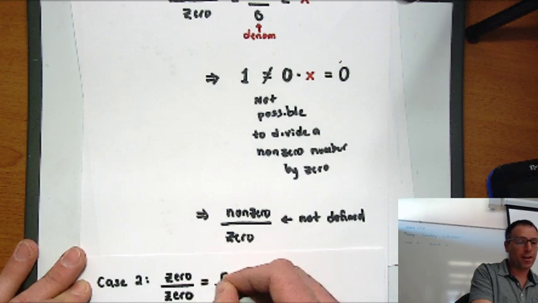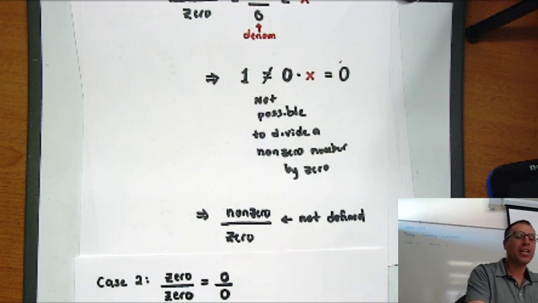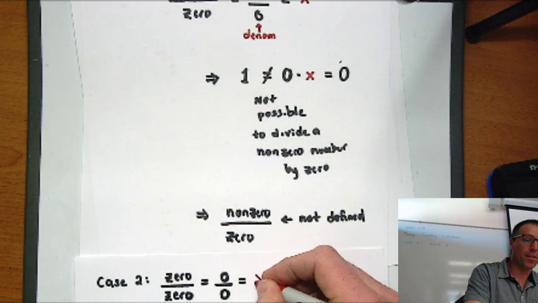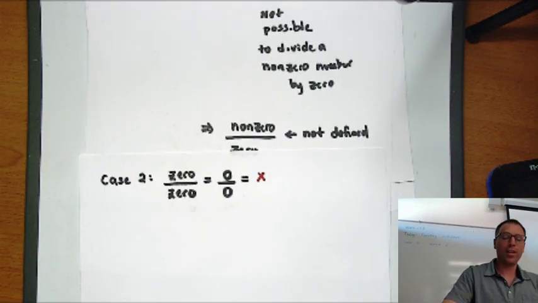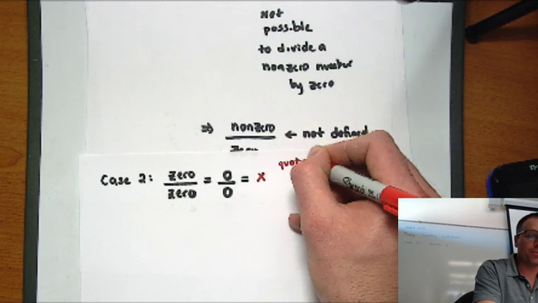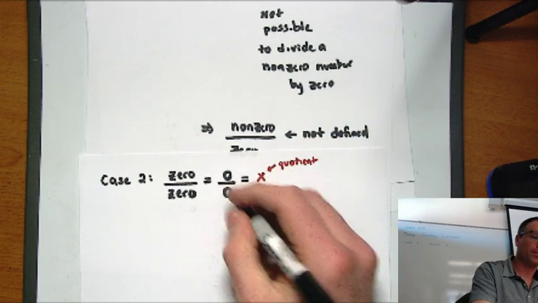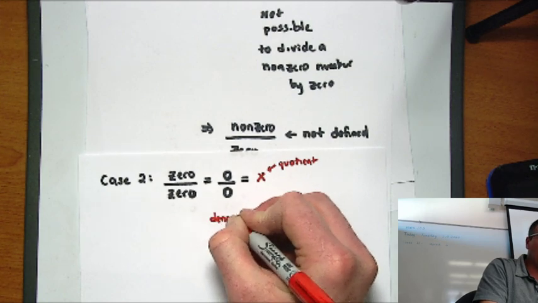We might say 0 divided by 0. Okay, so let's think about this for a moment. If I have 0 divided by 0, let's pretend for a moment that this number exists, and that this number is x. What did we call the output? That's called the quotient. This thing right here is called the denominator.